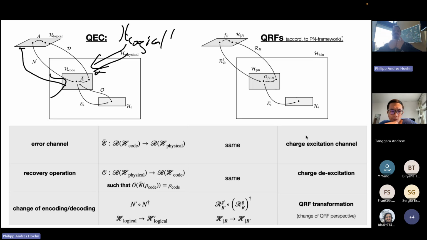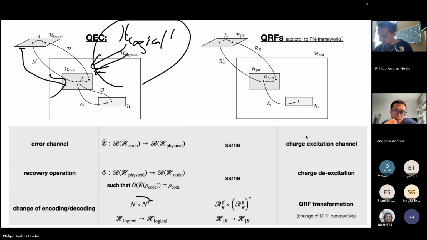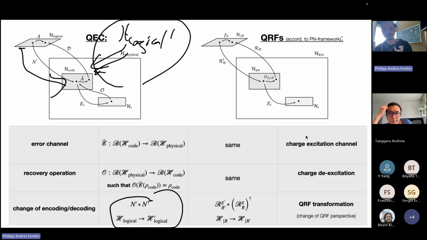The code space also encodes redundancy, but which degrees of freedom are redundant is not told to you by the system. There's a freedom of choice. So this thing here is not usually considered in quantum error correction, but you could consider it. You can change your encoding, and that would amount to a quantum reference frame transformation on the gauge theory side. Interesting.